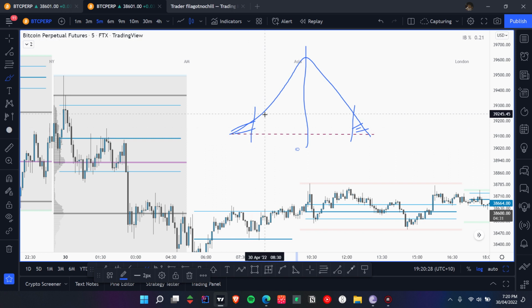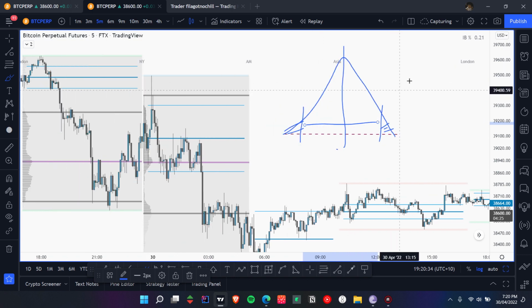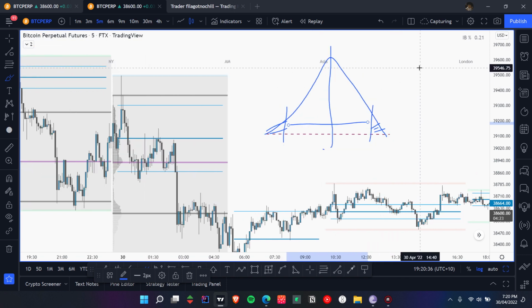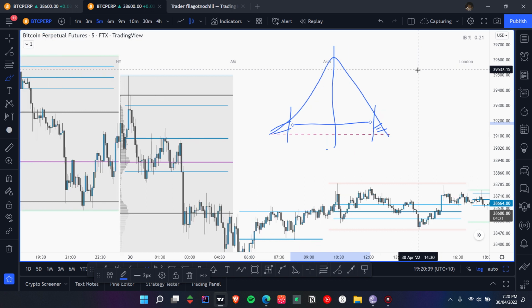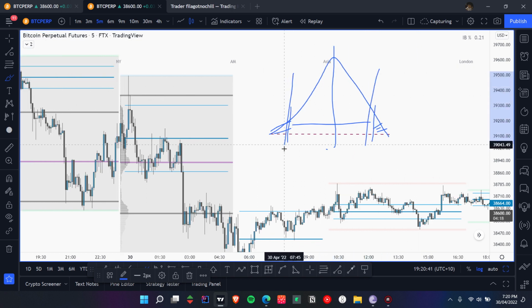So the zone created between these two is 75%. So that's why I use 75%, because I think it gives a better indication of where the price can run into.